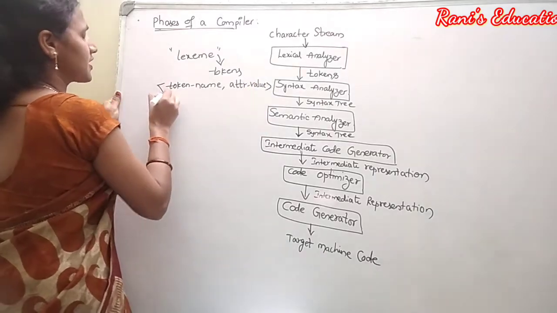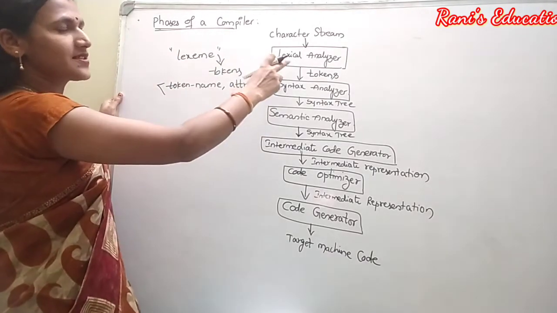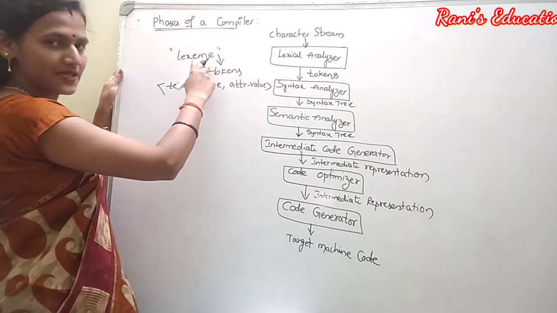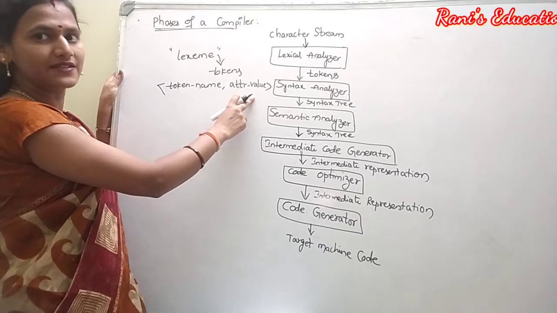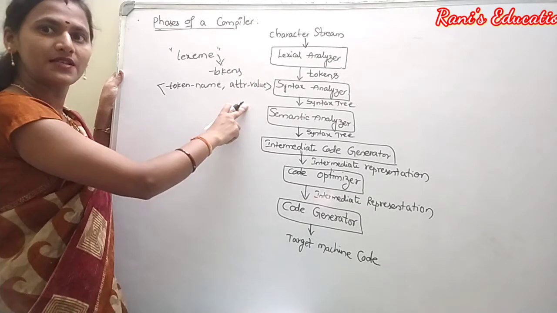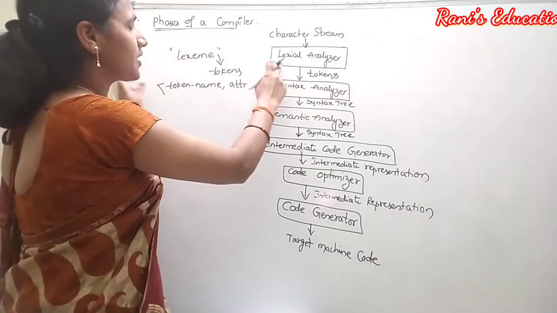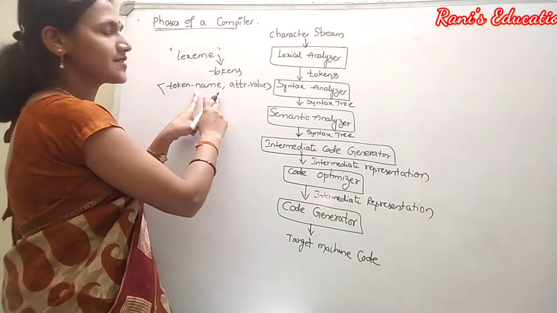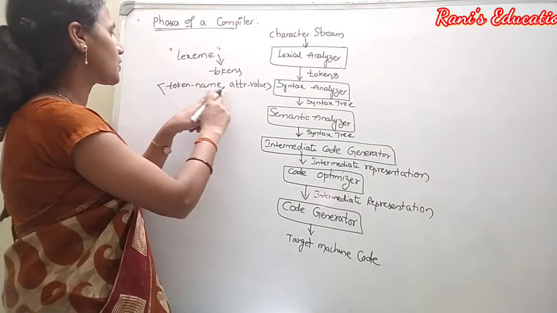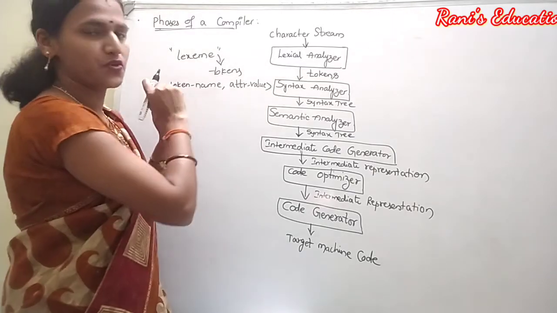The token name is the string, or lexeme, we have found, and the attribute value is where that particular lexeme is stored in the symbol table entry. So the lexeme is the input for the lexical analyzer and tokens are the outputs.